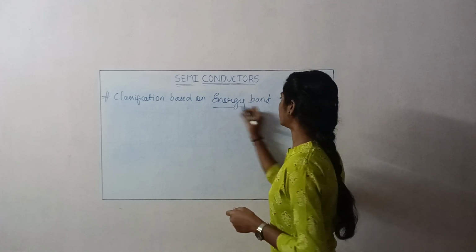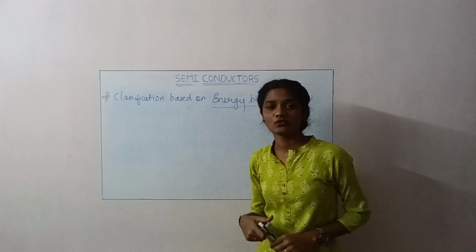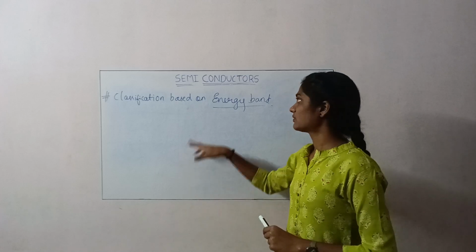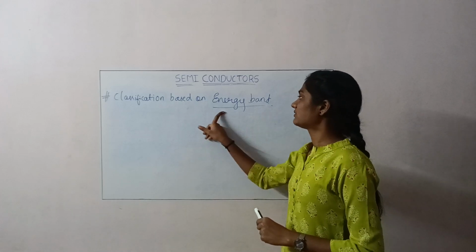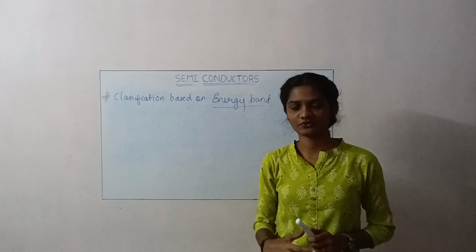Okay, I have used the term energy band. Now what do you mean by energy band? If you say energy band, then we have to remember the structure of the atom.